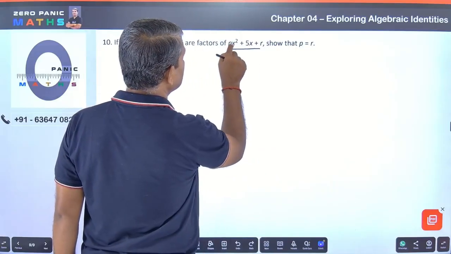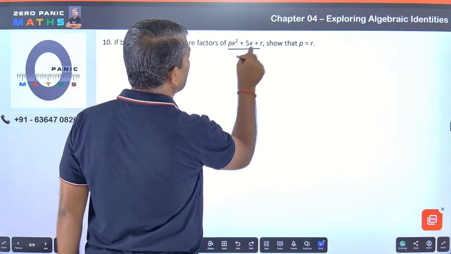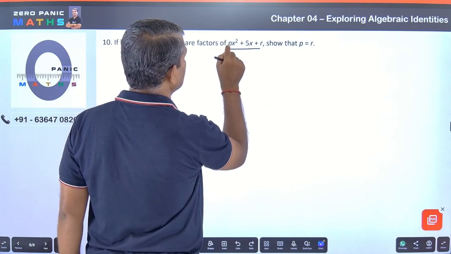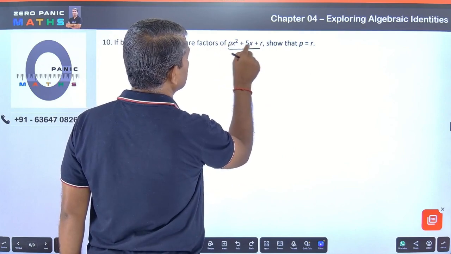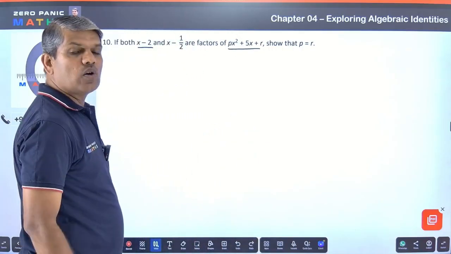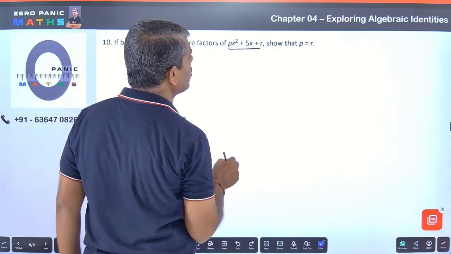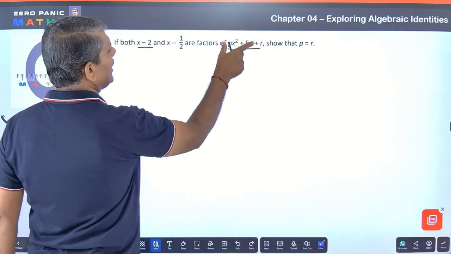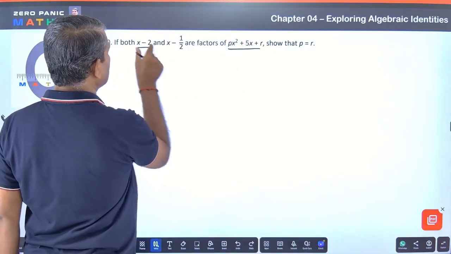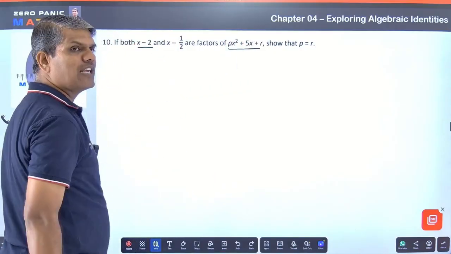There are two constants here, p and r, not variables. One is the coefficient of x square and another is a constant. So we have to show that the coefficient of x square is equal to the constant when the factors of this expression are x minus 2 and x minus 1 by 2.